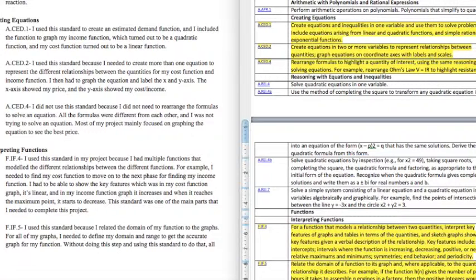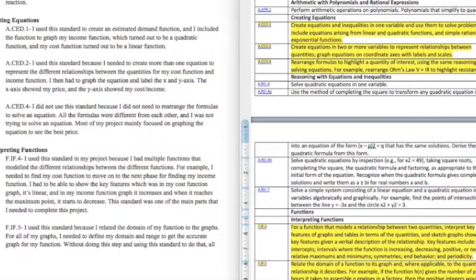Now we have A-CED 2. So we need to create equations in 2 or more variables to represent relationships between quantities. Then we have to be able to graph the equation on coordinate axes with labels and scales. So the graphing equation part, I definitely did that.